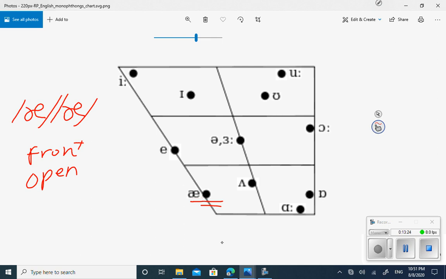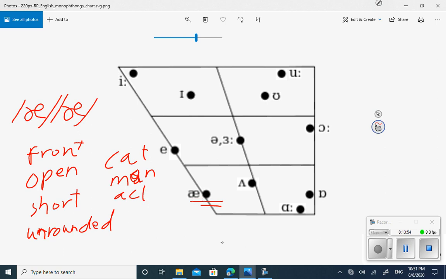Is it a short or a long vowel? It is short, and it is unrounded. So this is the name of the vowel: front, open, short, unrounded. You can find it in words like cat, man, act, and so many different words.